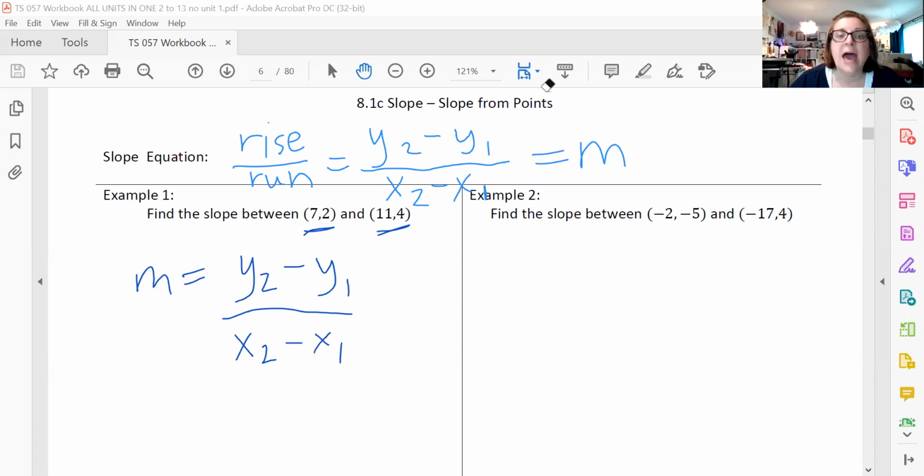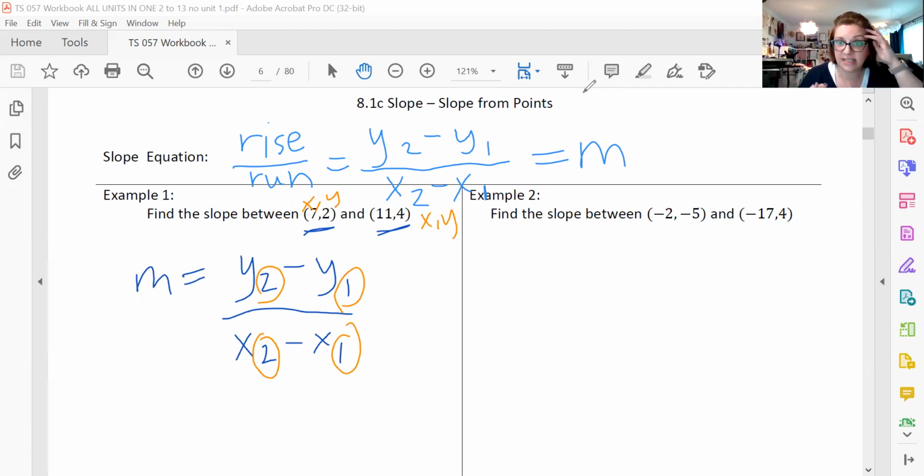x1. What I'm going to do is assign which point is going to be point 1 and which is going to be point 2, because that's what these little numbers indicate. These are the x and the y from 1 point, and these are x and y from the 2nd point.